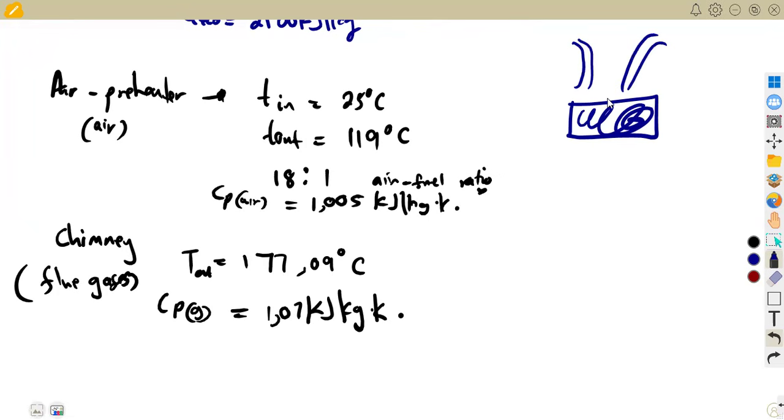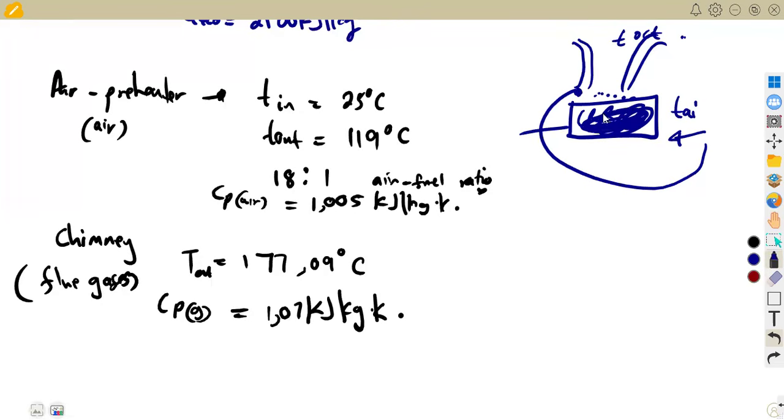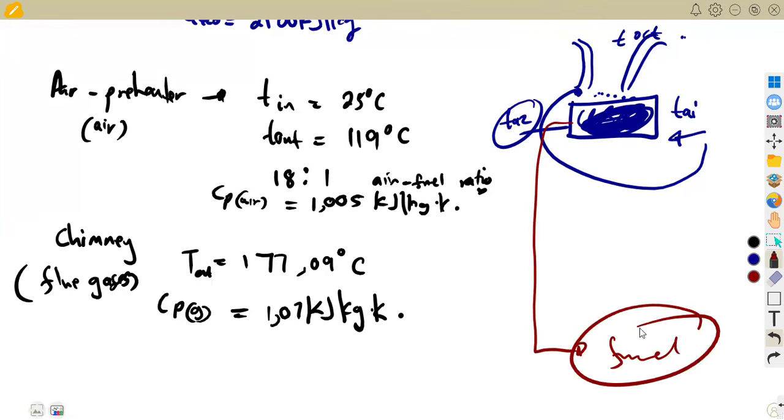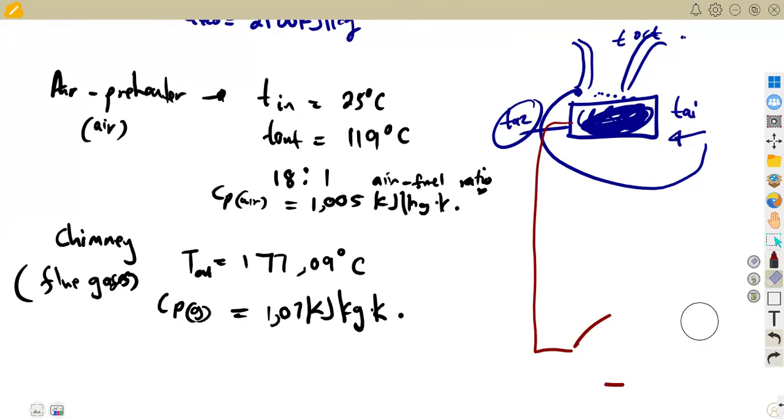The base temperature, which is the inlet of the chimney, then the temperature of it is T out. Whilst this air preheater here has its output, which is Ta2, at the output. But this is being taken from what? From the fuel. That is why we are also talking about the fuel being involved there. All right.